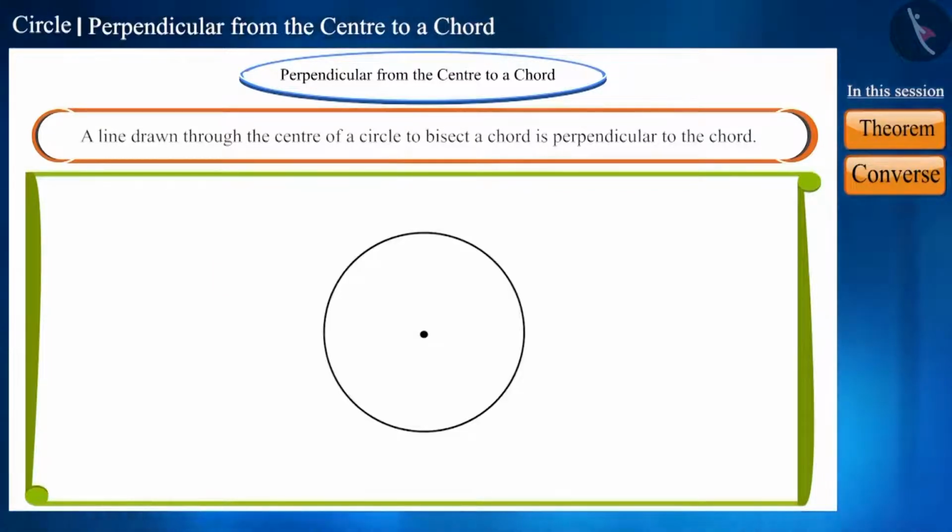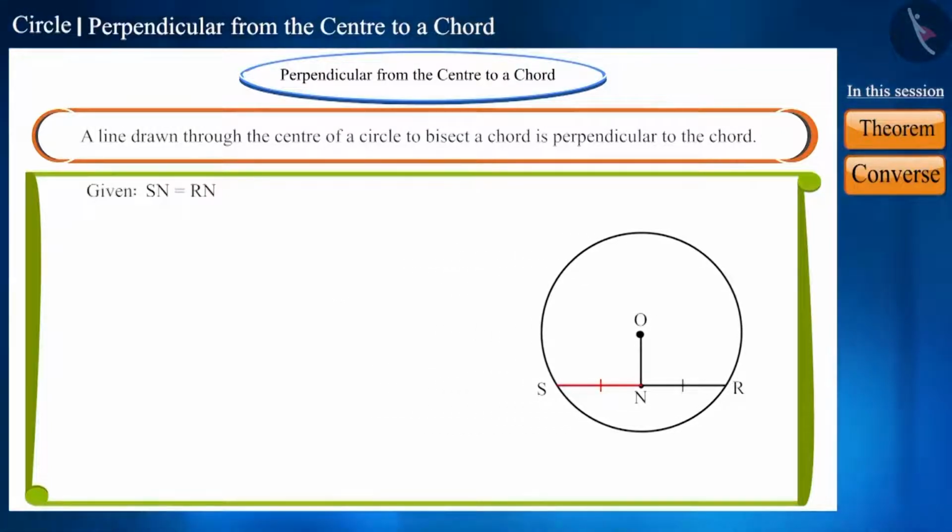Draw a circle. Suppose its center is O, in which a chord SR is drawn. A line from the center O to the point N is drawn in such a way that it divides the chord into two equal parts.